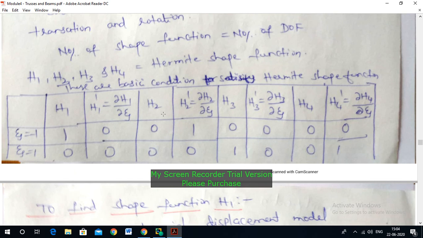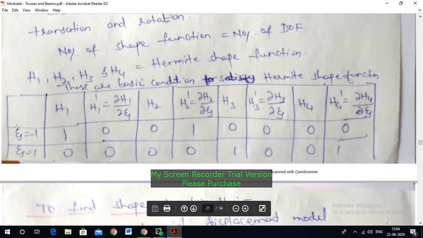And next h2 dash is nothing but derivative of h2, del h2 divided by del zeta, and h3, and the derivative of h3 is h3 dash, that is del h3 divided by del zeta. And the h4, the fourth Hermite shape function, h4, and the derivative h4 dash is equal to del h4 divided by del zeta.